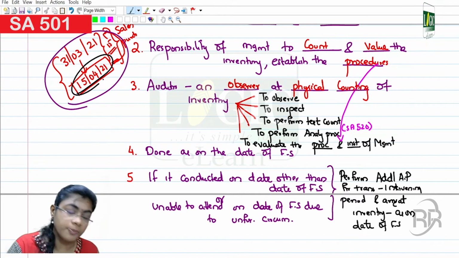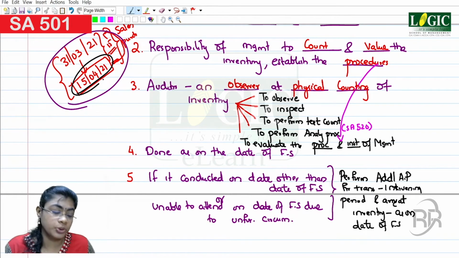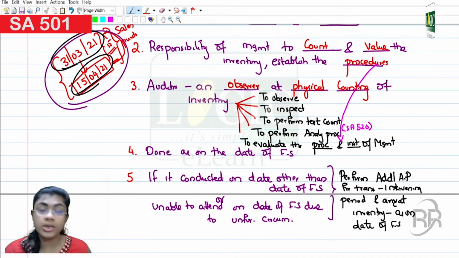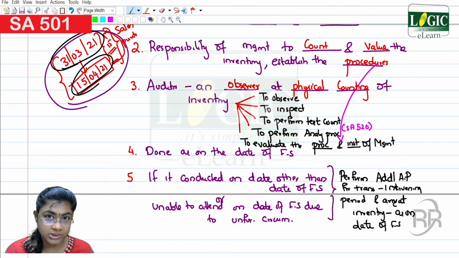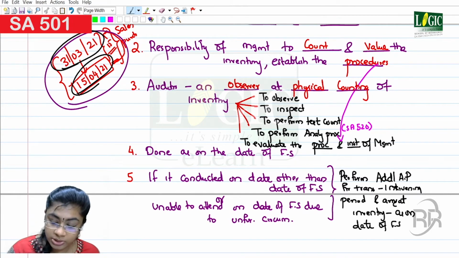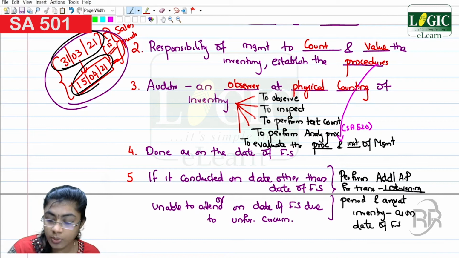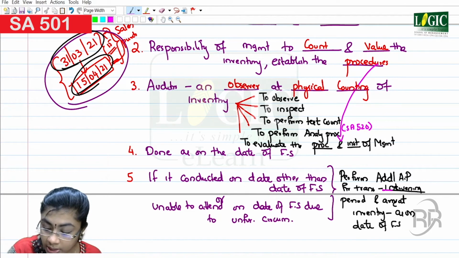So on 15th April, you will do all these additional procedures and finally you will arrive at the inventory as on 31st March. Clear? So just note down that particular word, the intervening period.